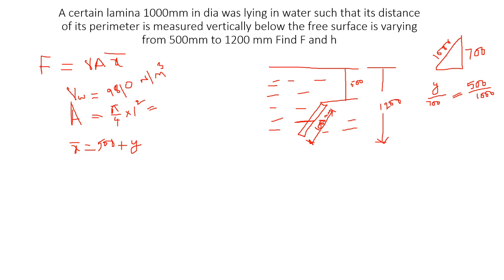If you take the centroid portion, it will be converted like this, this is 500, and this will become y. From these two triangles, you take y by 700 equal to 500 by 1000.